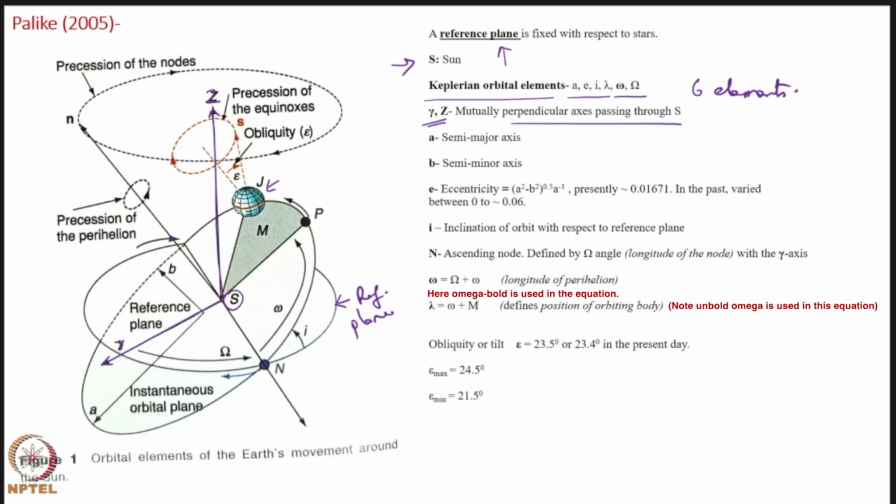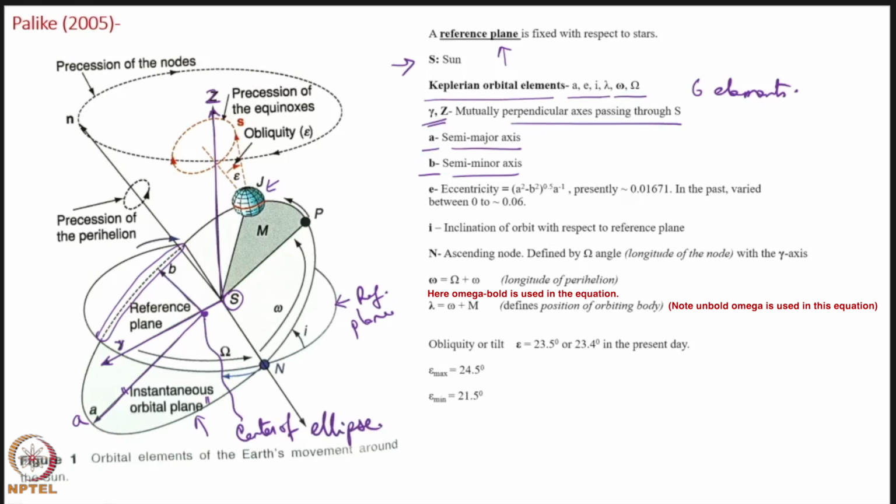The plane along which the earth rotates is called the instantaneous orbital plane. Consider A and B are the semi-major and the semi-minor axes defined on the instantaneous orbital plane. So, this is A, whereas this is the center of the ellipse.